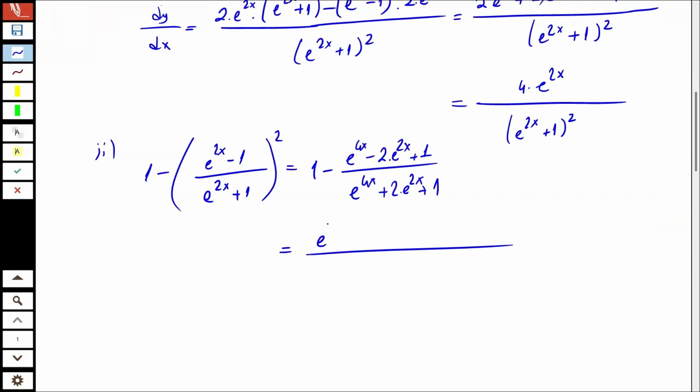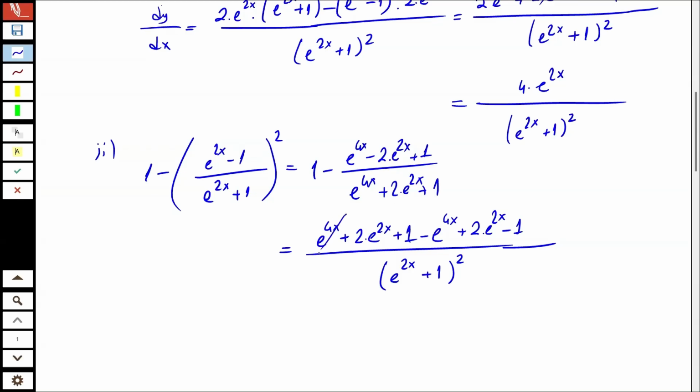We can write from here a to the power of 4 times x plus 2 times the same with the denominator, minus a to the power of 4 times x plus 2 times a to the power of 2 times x minus 1. We can write a to the power of 2 times x plus 1 squared at the denominator.